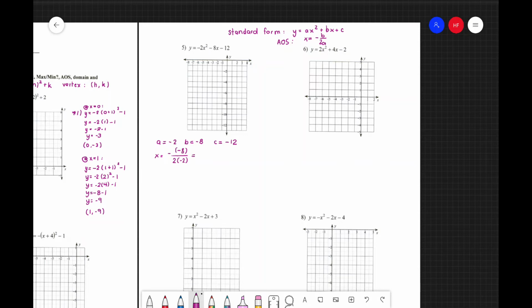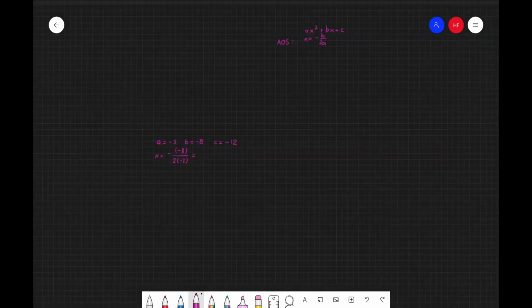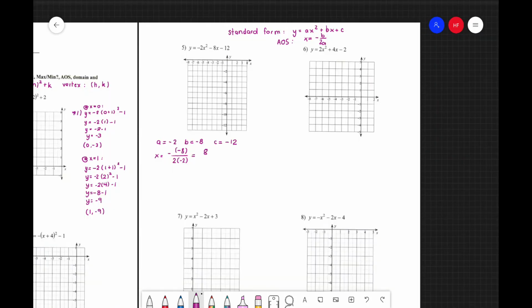So I have negative of negative 8, which cancels out the negatives. So 8 over, and then 2 times negative 2 gives me negative 4. So 8 divided by negative 4 is negative 2. So that means my axis of symmetry occurs at x equals negative 2.